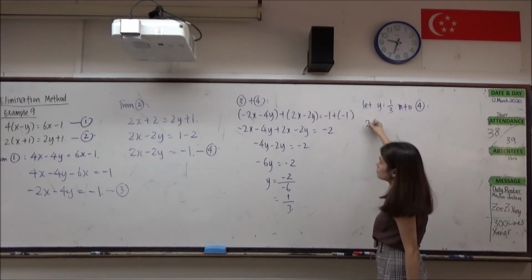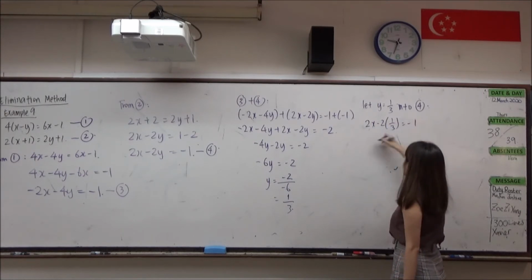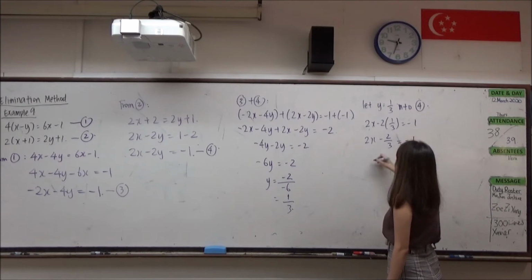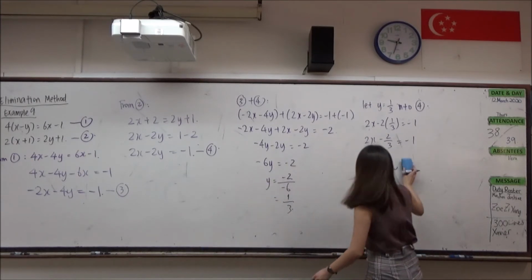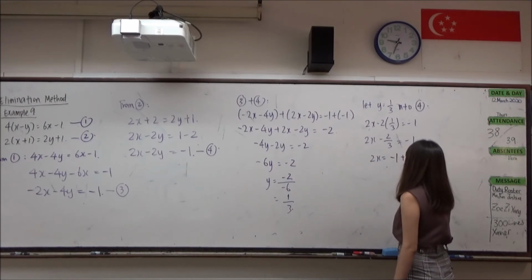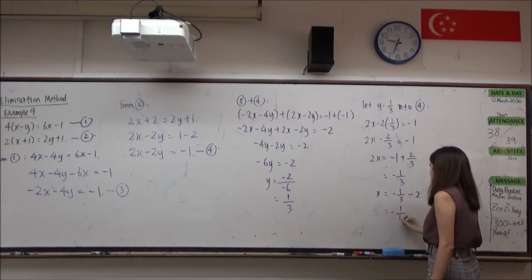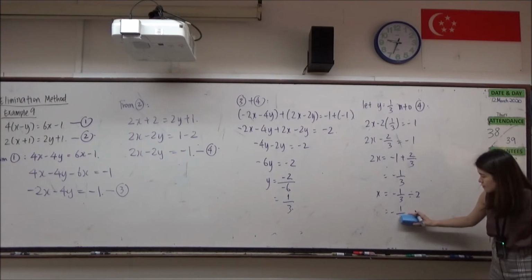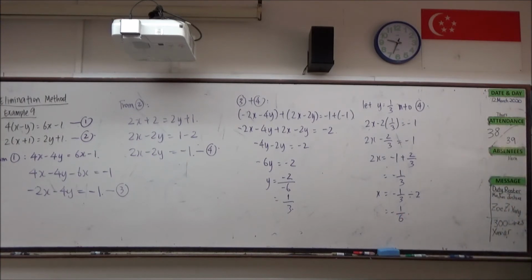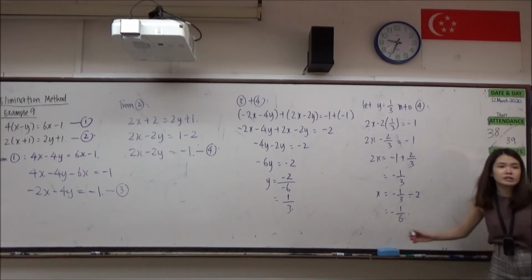Okay, so we will have 2x minus 2 times 1/3. Negative 1/6. Okay, any questions?